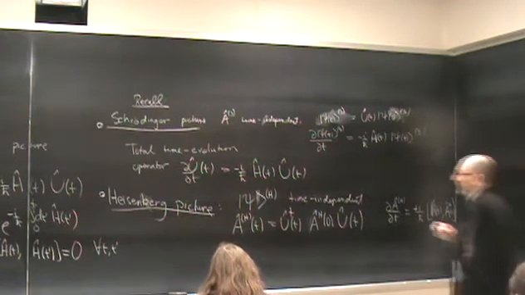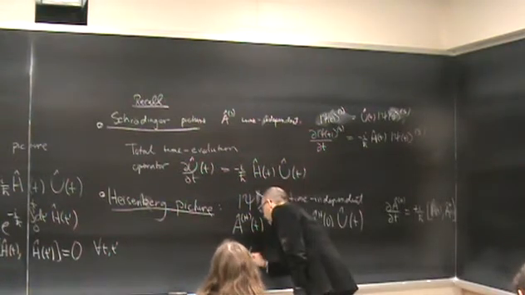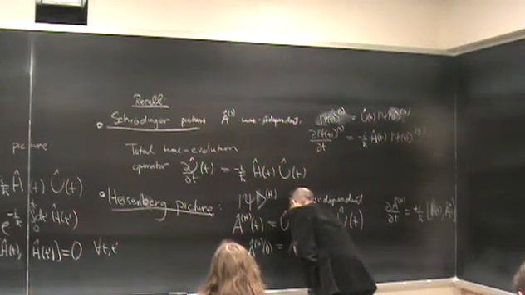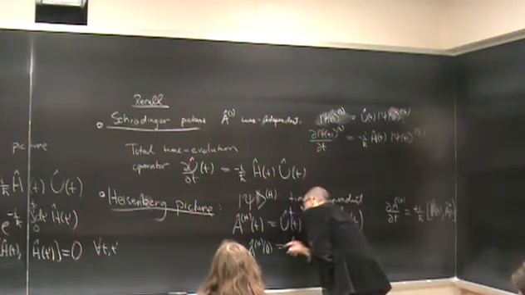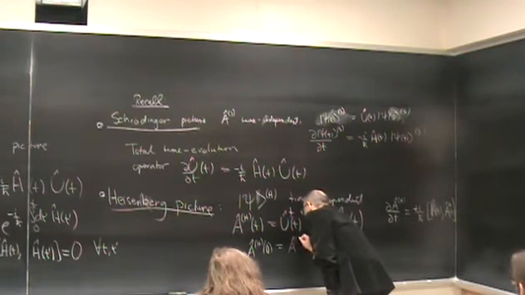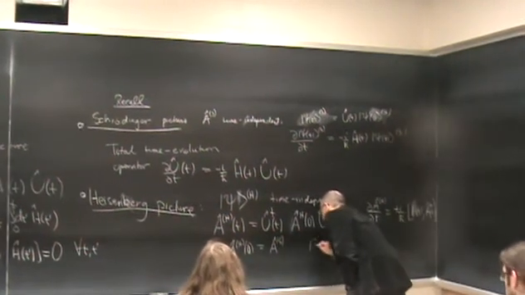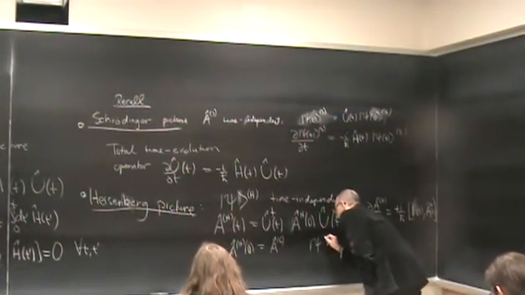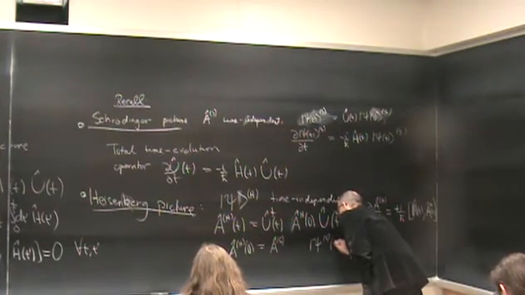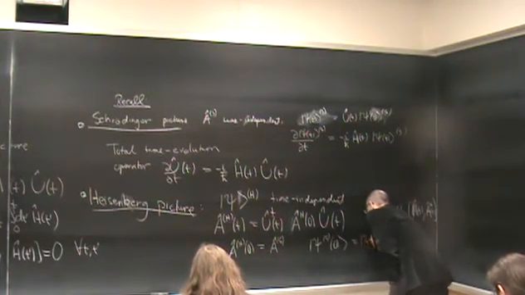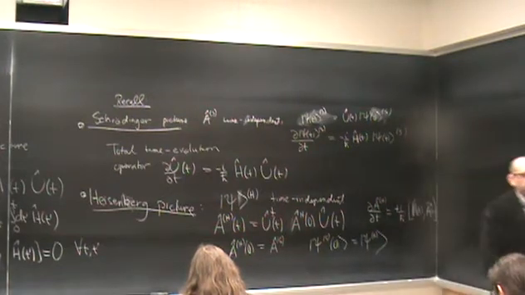And of course, these two pictures agree under the initial condition that at time t equals 0, the Heisenberg operator is given by the Schrödinger operator, and the Schrödinger state at time t equals 0 is the Heisenberg state. So the two pictures agree by just setting those initial conditions.